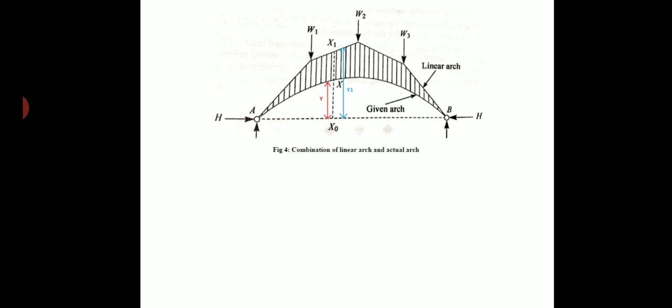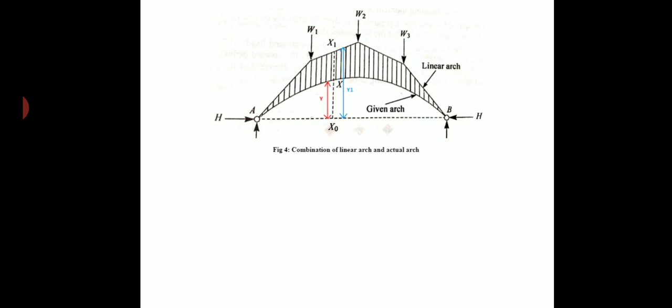I have taken a section here. In the case of the actual arch, also called the given arch, the section would be x naught x naught, which is at a vertical distance y, represented in red.